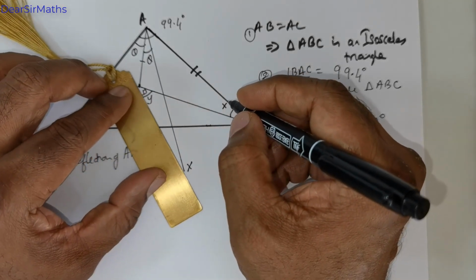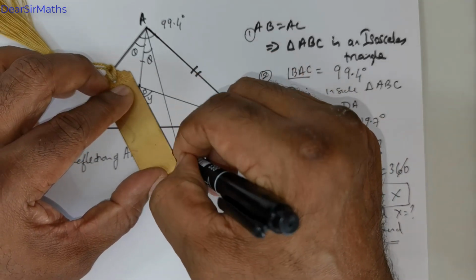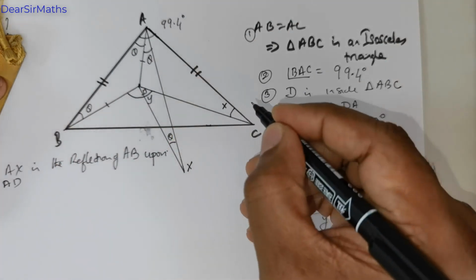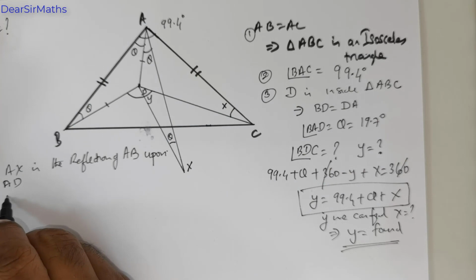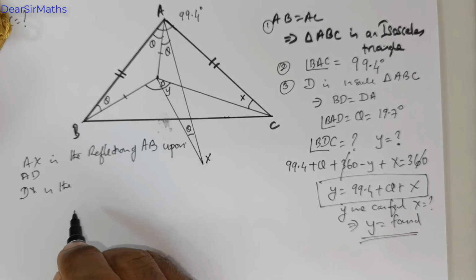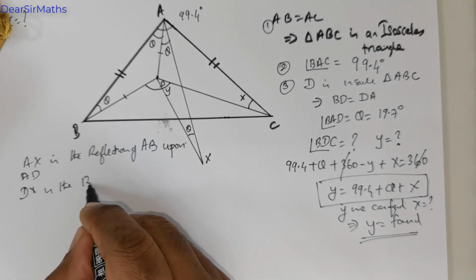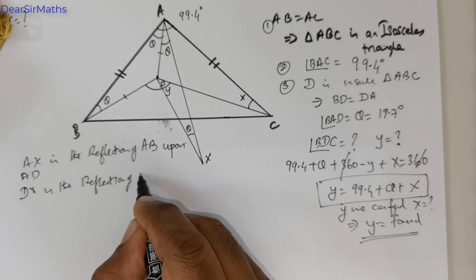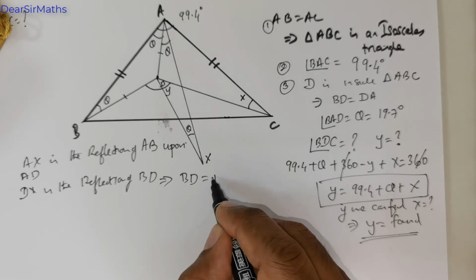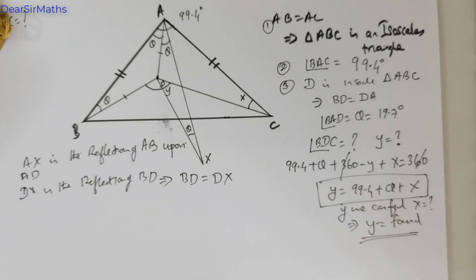So that would mean I will now have another line connecting like this. So this is theta, this will also be theta, and DX, I'm going to write here, DX is the reflection of BD. So this means BD is equal to DX, right? That's an observation. So this is a simple observation that we have got.